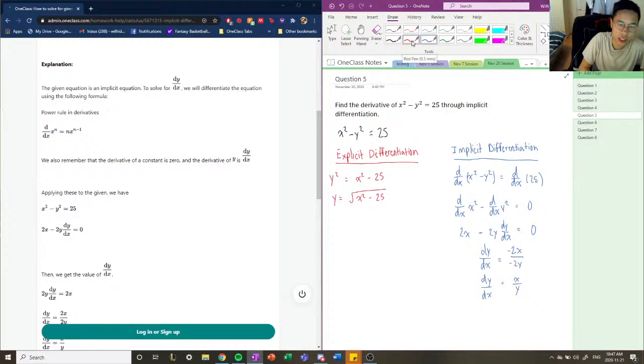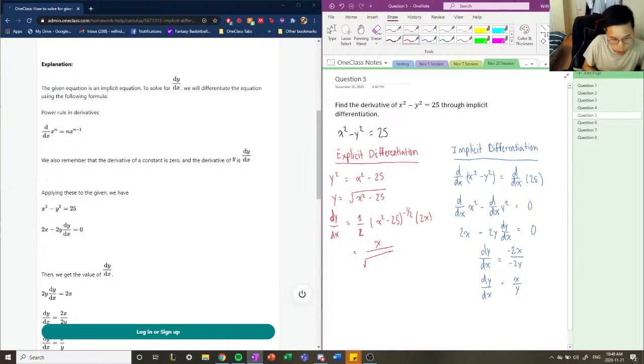Compared to explicit differentiation, if we were to derive this, we would have a chain rule here, so it'll be 1/2 times (x squared minus 25) to the negative half, and then the derivative of the inside is just 2x, which would equal x divided by the square root of x squared minus 25, okay?